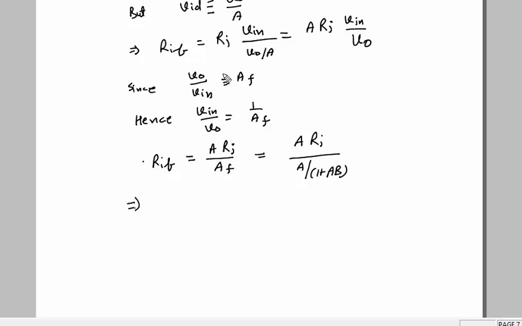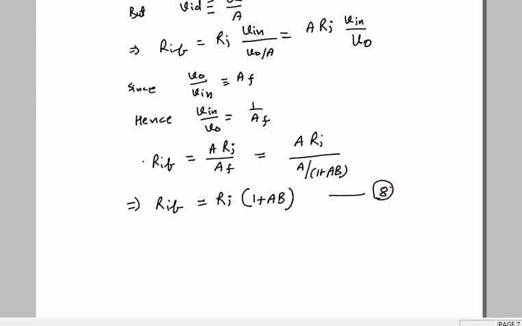So finally I can write RIF equals Ri, because A and A cancel and 1 plus AB goes up, so Ri multiplied by 1 plus AB. Let's call it equation number 8.